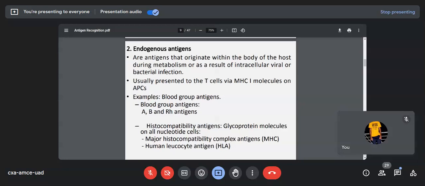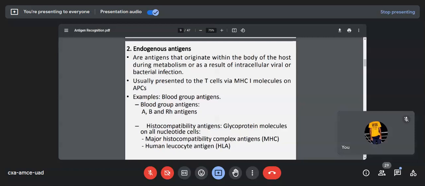MHC class 1 molecule. So now, something that is unique about antigen presenting cells, I was waiting for this moment, is that antigen presenting cells themselves contain two types of MHC molecules.